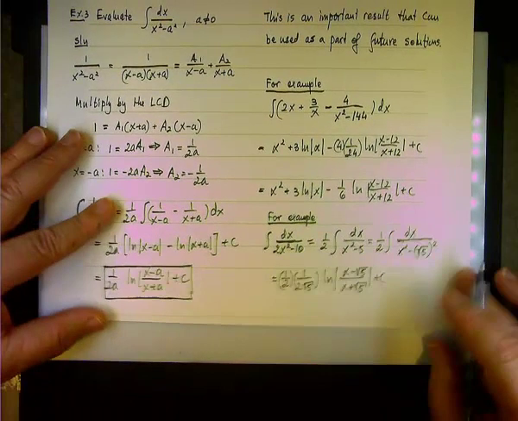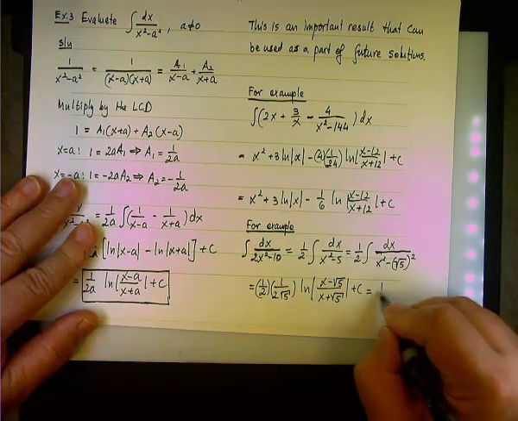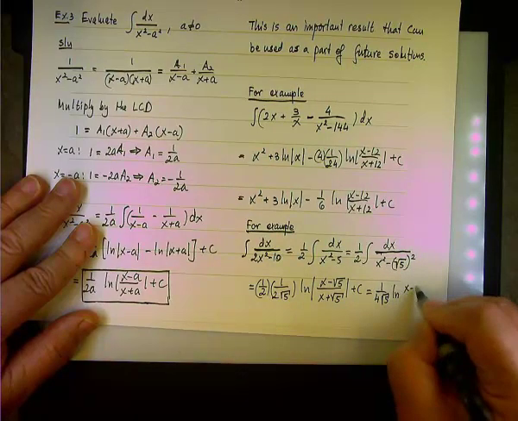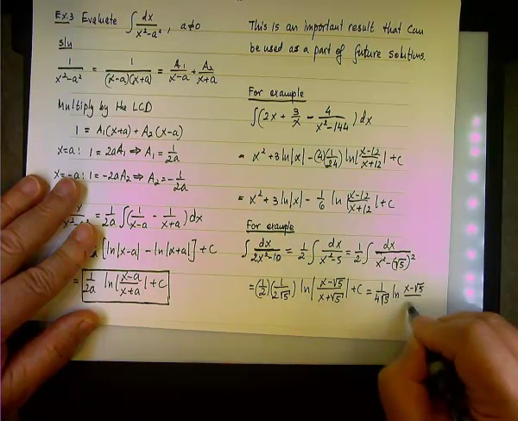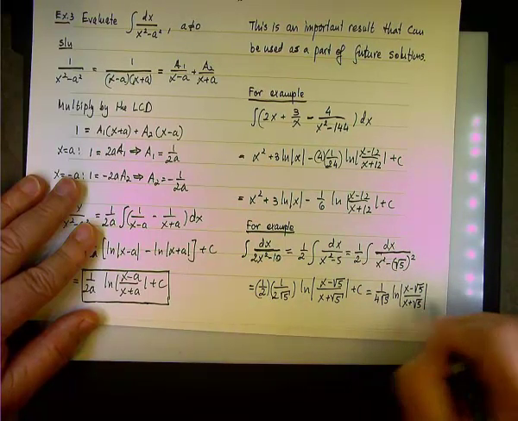Again, reduce this and get 1 over 4 square root of 5 times the natural log of x minus square root of 5 over x plus square root of 5 plus c.